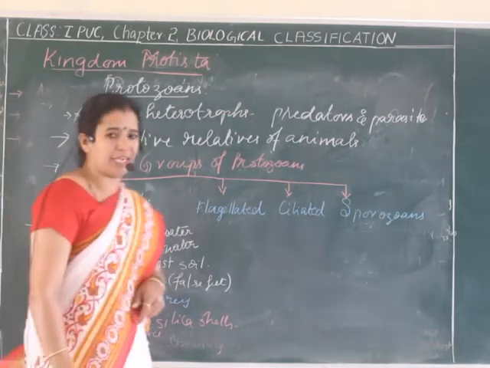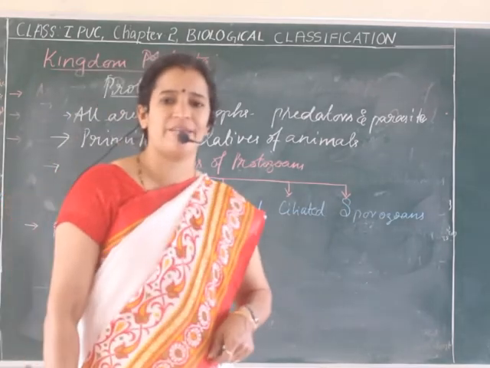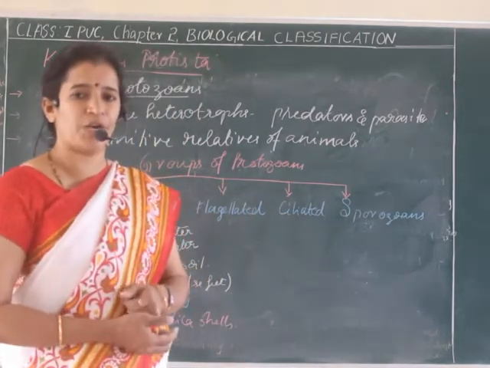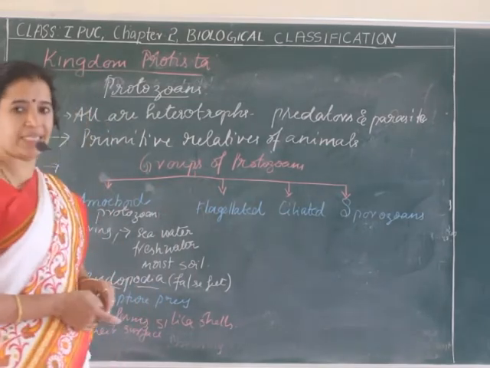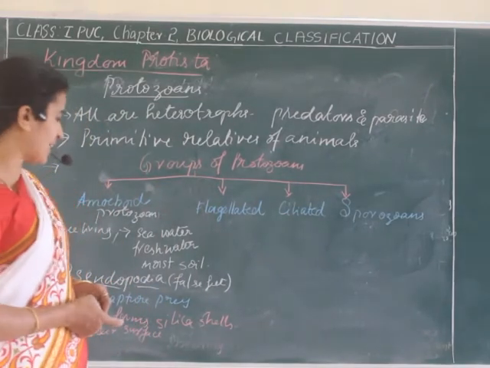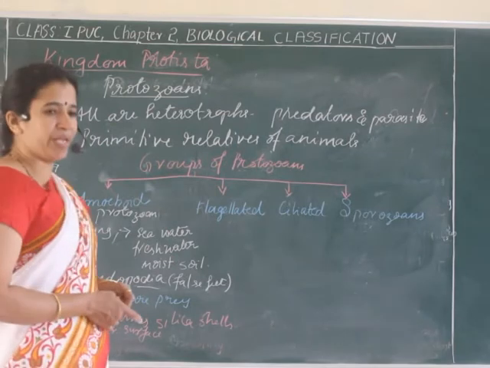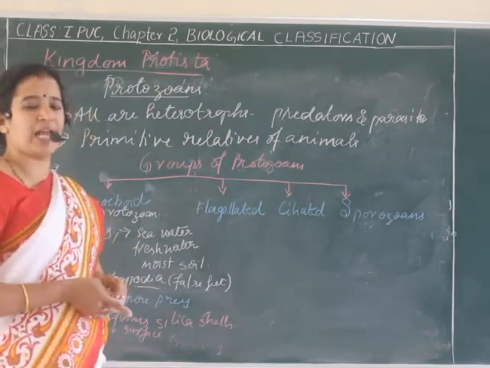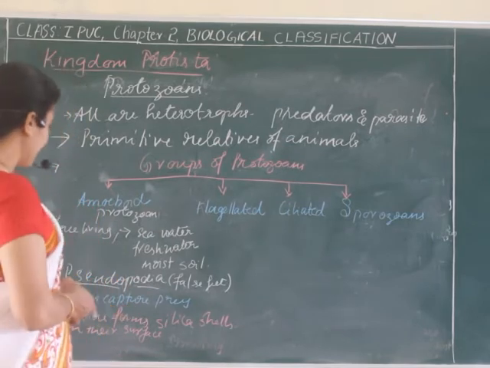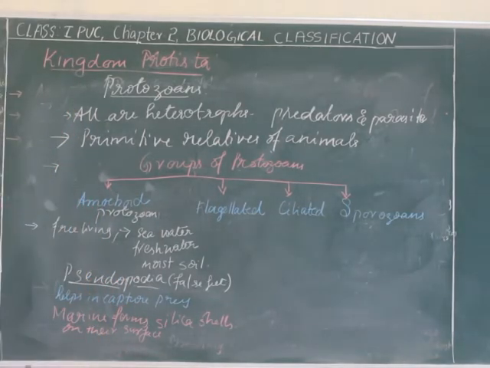Why don't amoeboid protozoa living in other habitats have these silica shells? Marine water, you know, has high salinity, more salt content. So to protect themselves from the harsh, highly saline habitat, they have these silica shells on their surface.